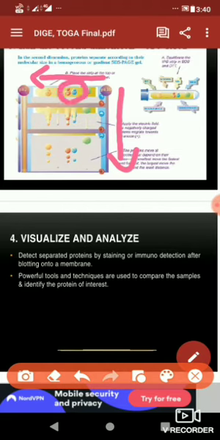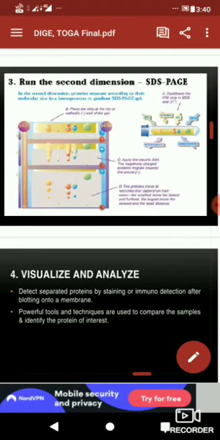So whatever protein was present here is now slowly getting separated, and whichever was forming a single spot, now you can see they are separated as individual bands. So this helps us in separating proteins which are not very different from each other molecular weight wise, based on their isoelectric point and their molecular weight, using two-dimensional gel electrophoresis. Till here I hope you have understood.